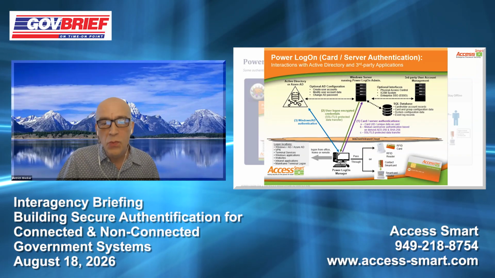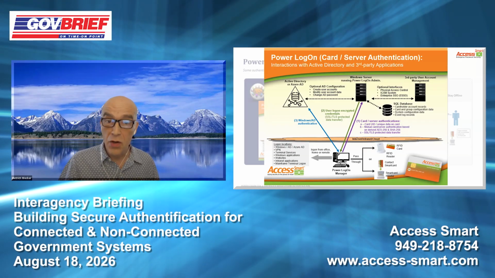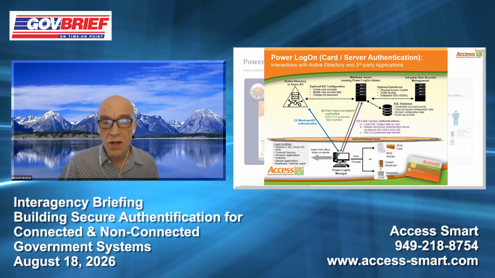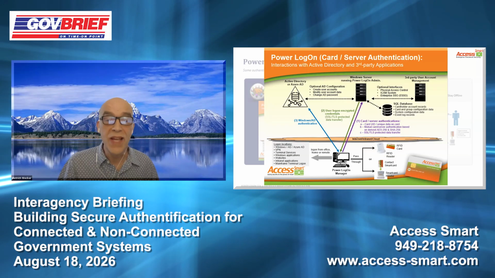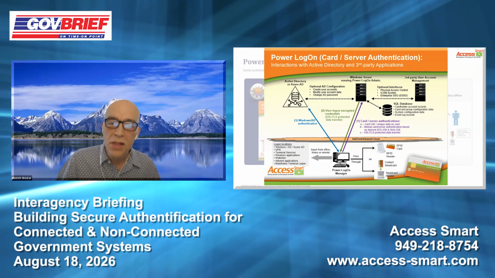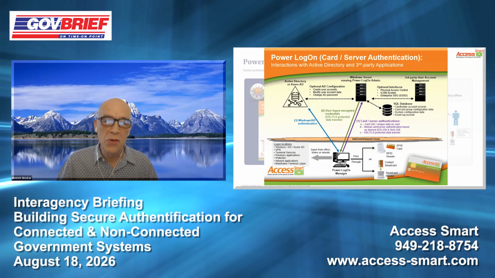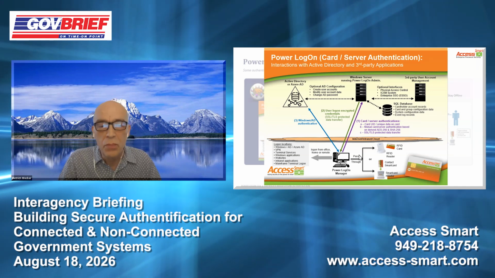The way this works is interesting, and I think that's the difference between Power Log On and most other competitors. We're doing everything client-based. You can see in the triangle at the bottom, the client receives a package from the server after the full authentication, with an encrypted blob.